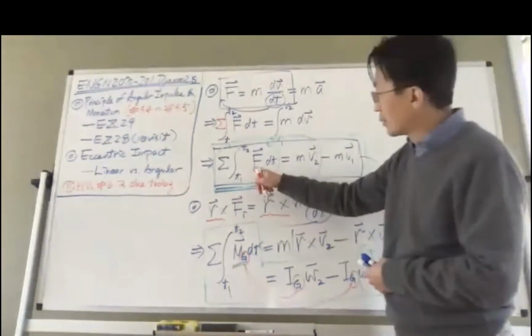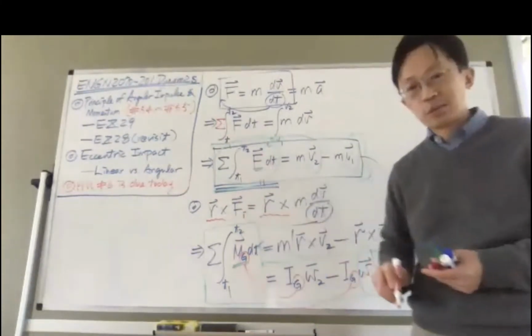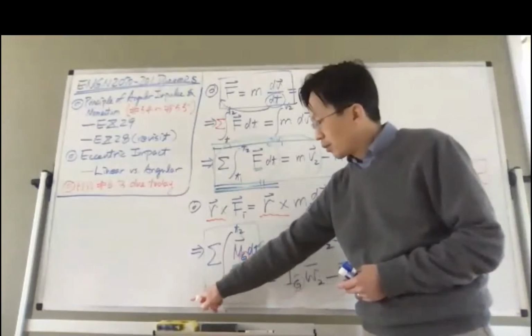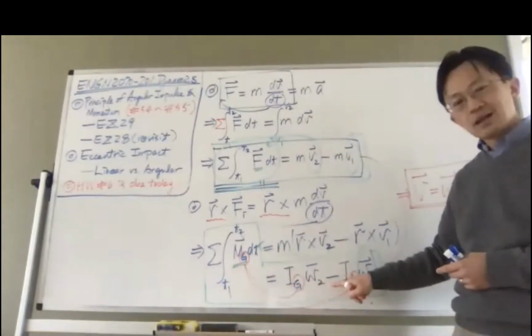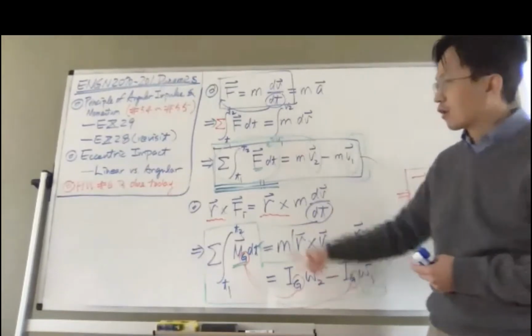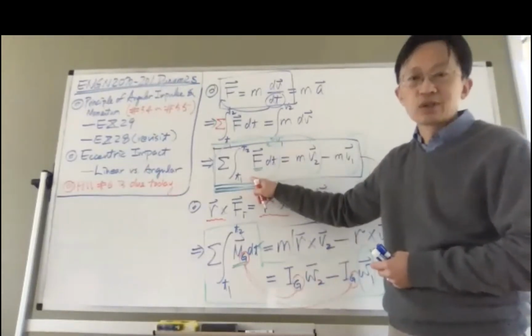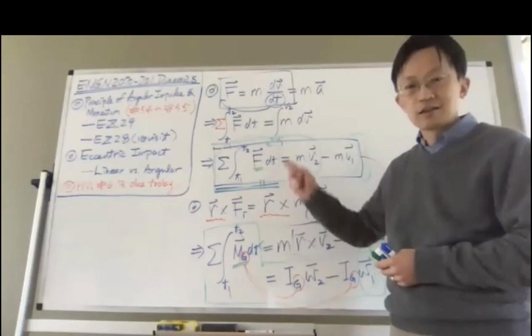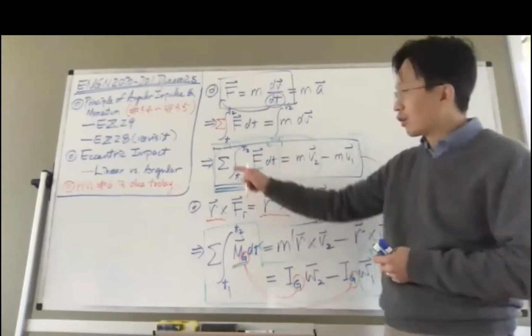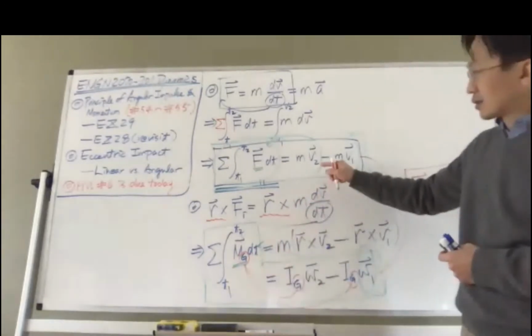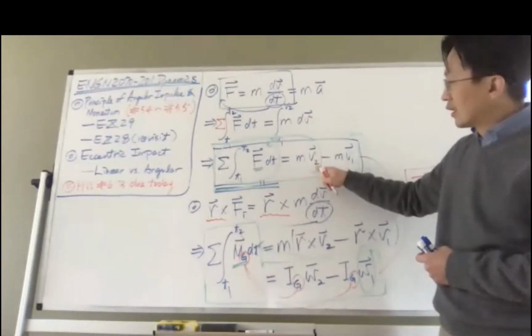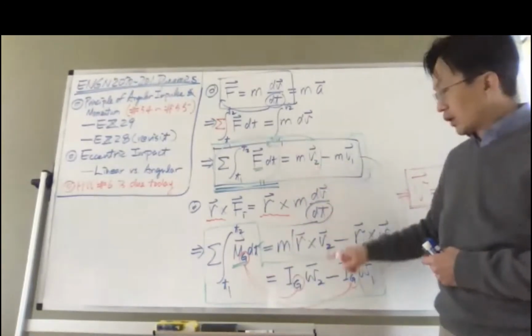Now here, that means the force and moment are also related, which means that the principle of angular impulse and angular momentum is actually not so different from the principle of linear impulse and momentum. They are, in fact, exchangeable. If you know how to convert force to moment, which I trust you know how to do, and as long as you know how to convert linear velocity to angular velocity.